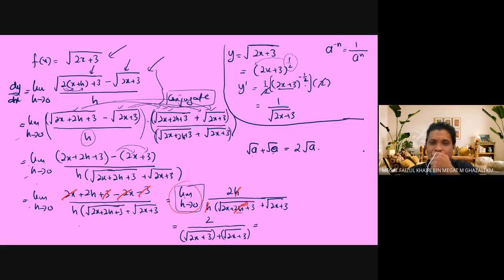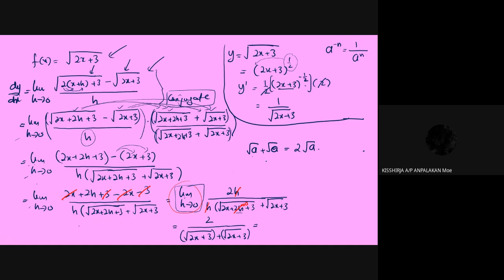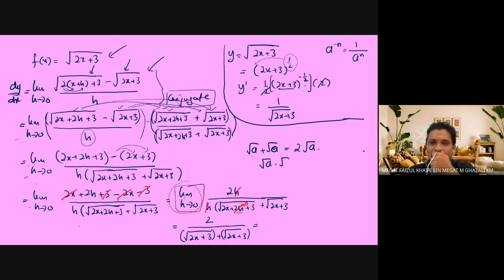Square root of a plus square root of a equals 2 square root of a. Am I right? Yes, sure. Square root of a times square root of a is a. This is addition, this is multiplication, two different things. So now 2 divided by the square root of 2x plus 3 plus the square root of 2x plus 3 is just 2 square root of 2x plus 3.